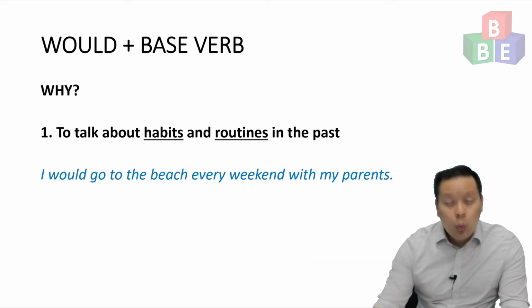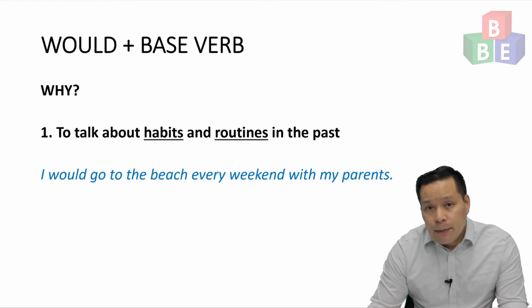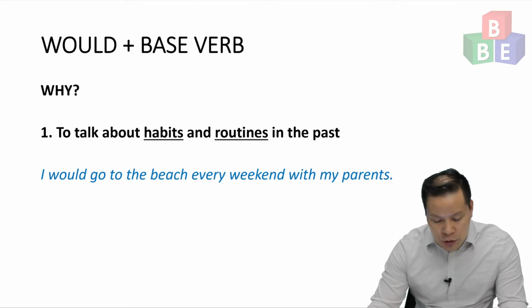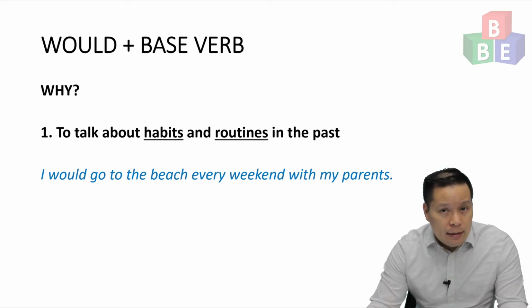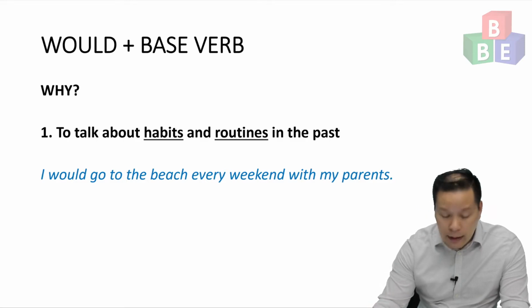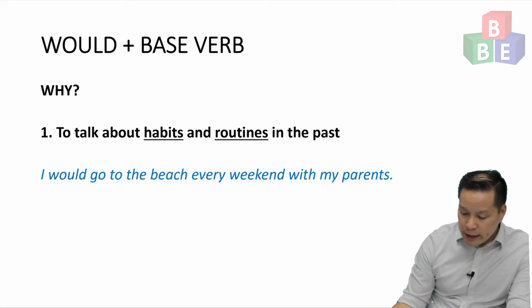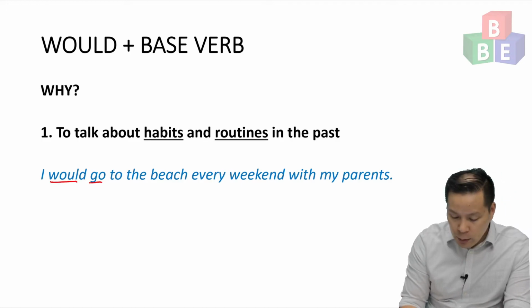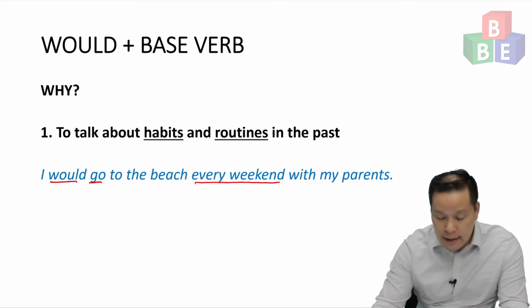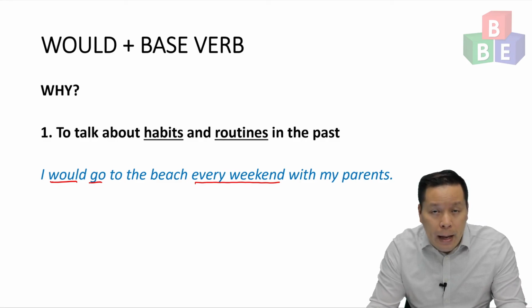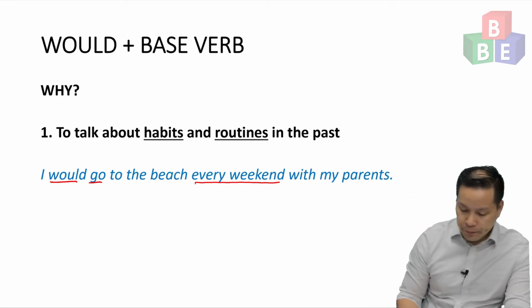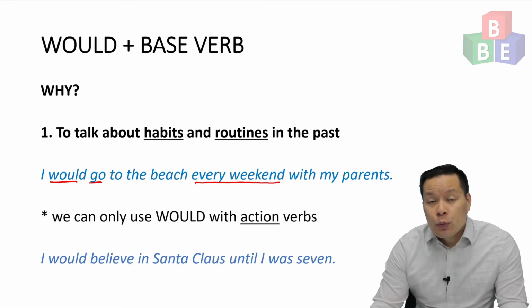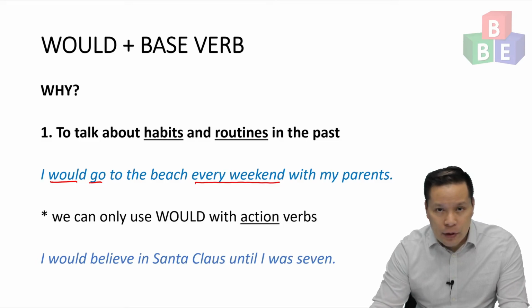So, we use would plus base verb for exactly the same reason. We use it to talk about habits and routines in the past. So, for example, I would go to the beach every weekend with my parents. And as you can see here, we have an adverb of frequency, like every weekend. But be careful. We can only use would with action verbs.